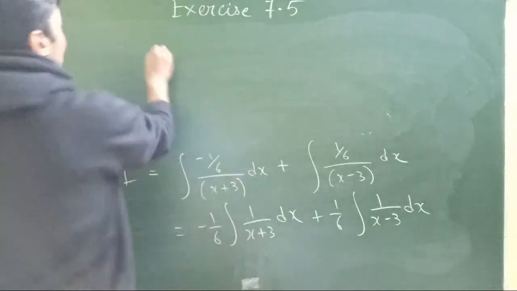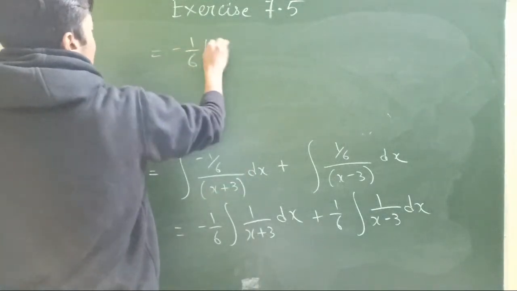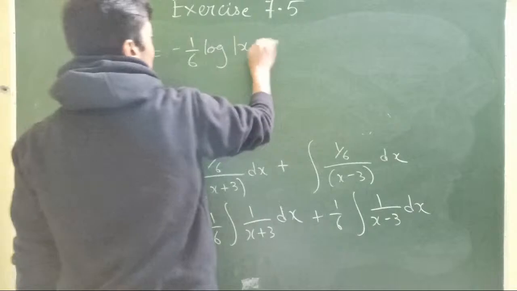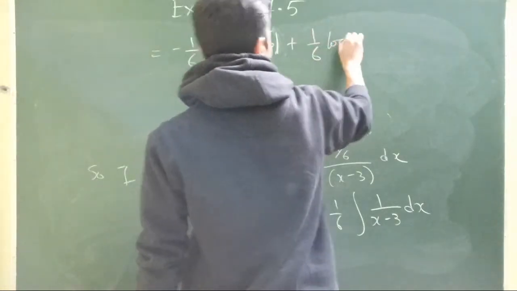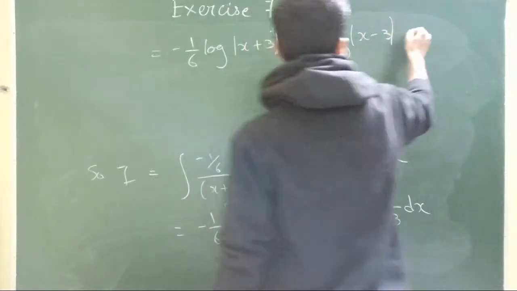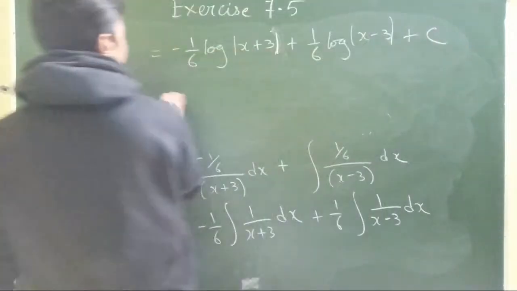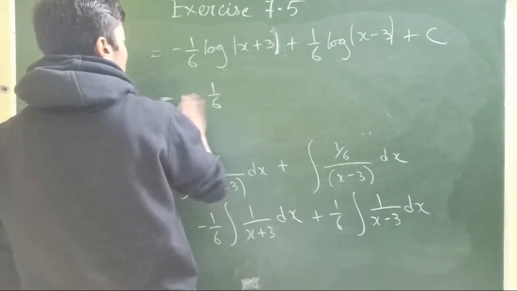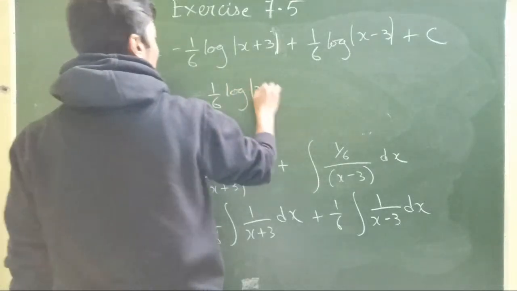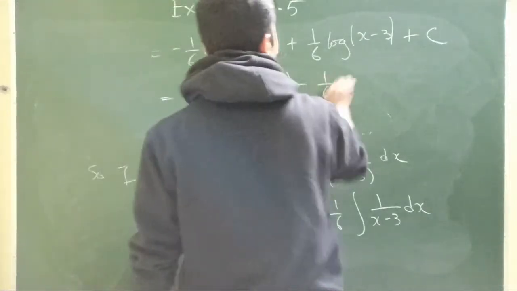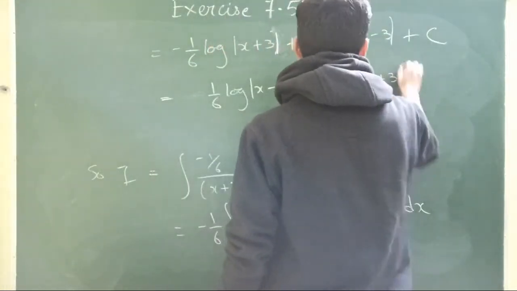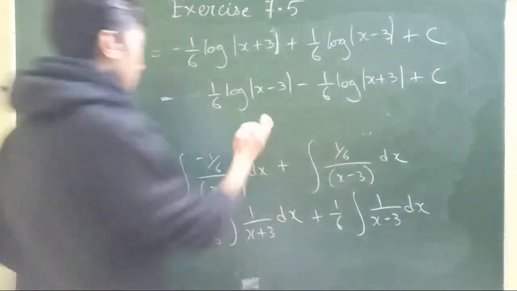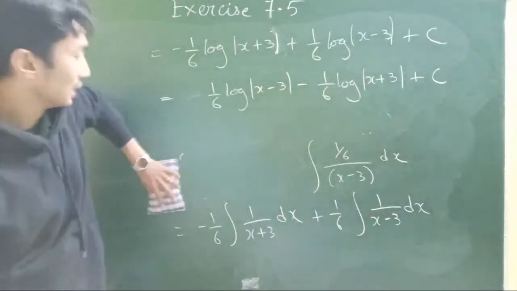So then this will be minus 1 by 6 log of x plus 3 plus 1 by 6 log of x minus 3 plus integration constant. Just arrange plus minus. We can do it directly also, but just to not create any confusion, I'll arrange it. Not necessary that you have to do it like this. If you can do directly, no problem.